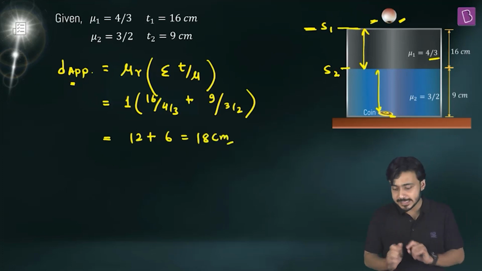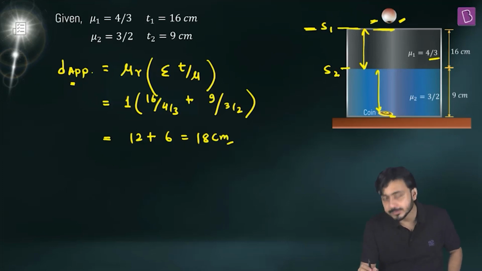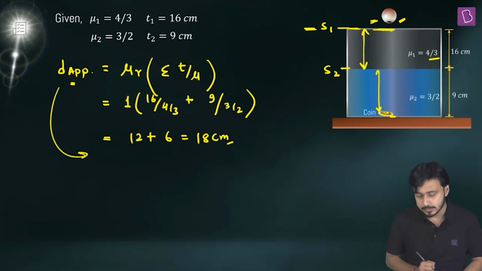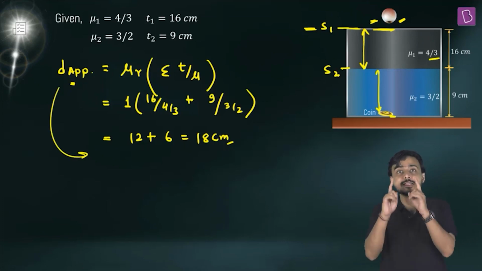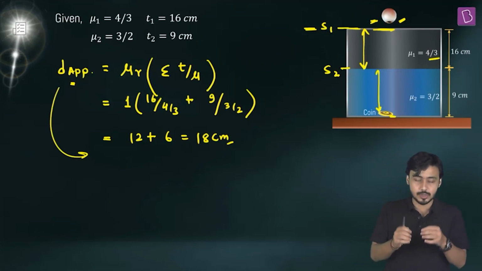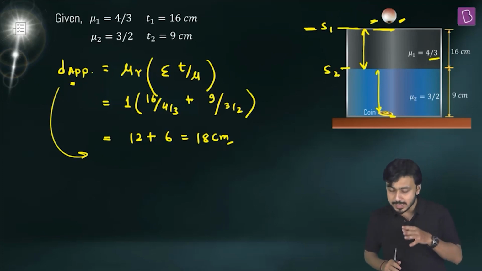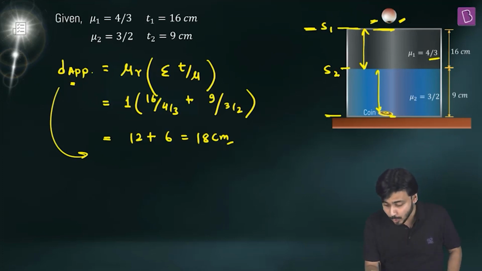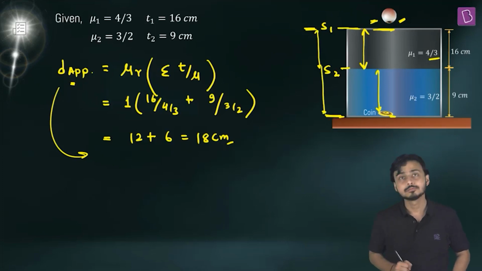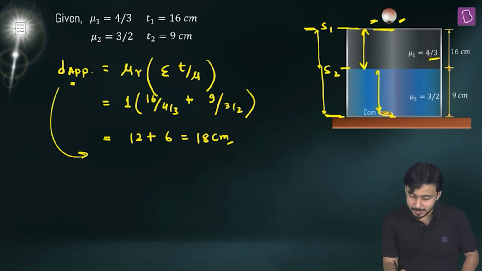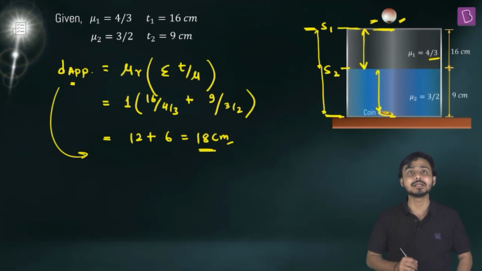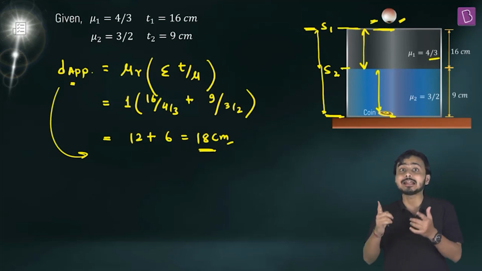Now the formula says the image is at 18 centimeter. That's what D apparent means, right? The perpendicular distance of the image from the first interface is 18 centimeter. And where is the coin actually? The coin is actually at a distance 16 plus 9, so the coin is at 25 centimeter, but it appears to be at 18 centimeter because the image is appearing there.